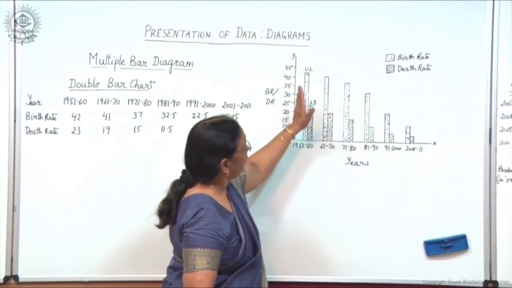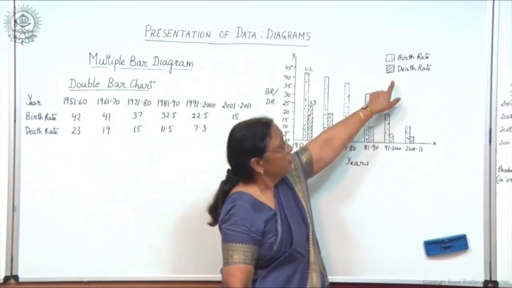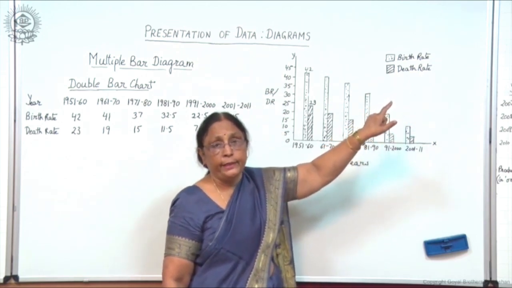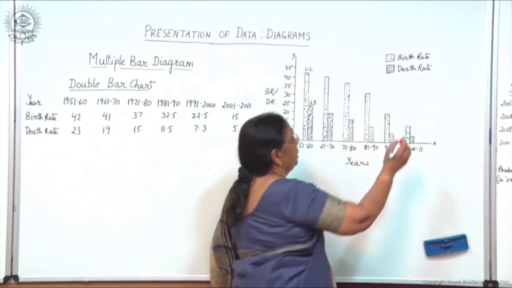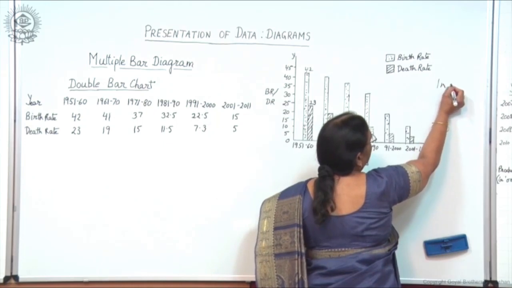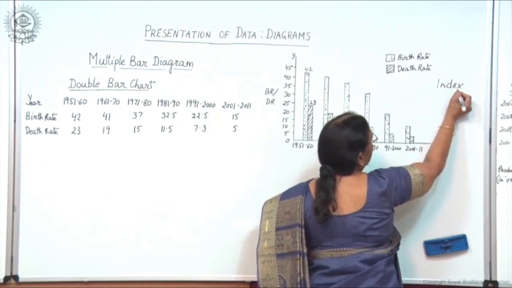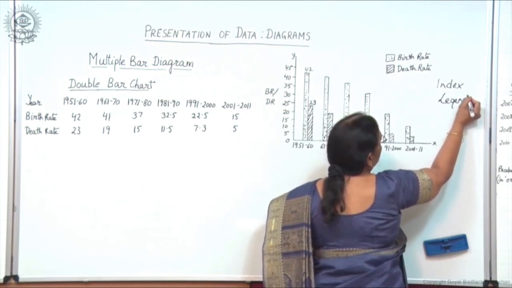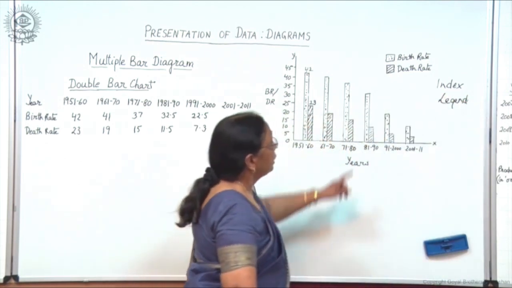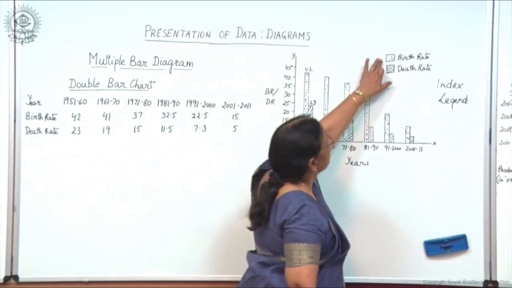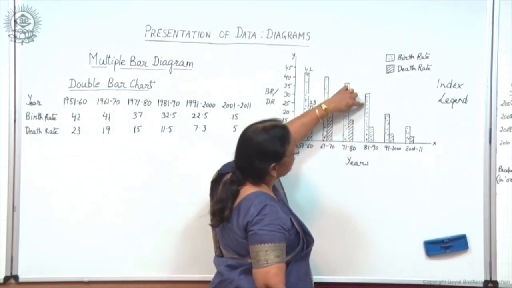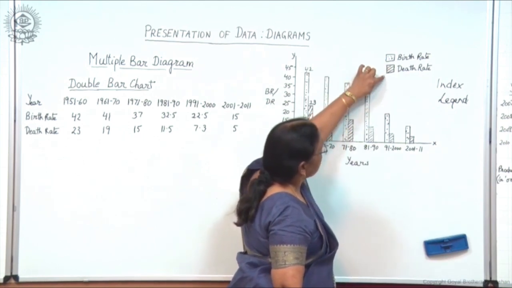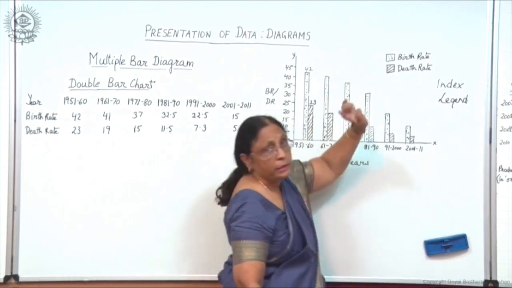Again, to indicate the symbols, you have to make the index here. This index is also known as legend. You can name it index or legend. This box indicates that similar to this box, this is birth rate, and similar to the other one, this is death rate.